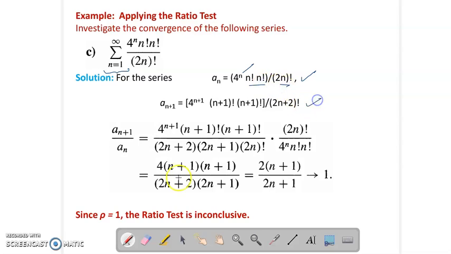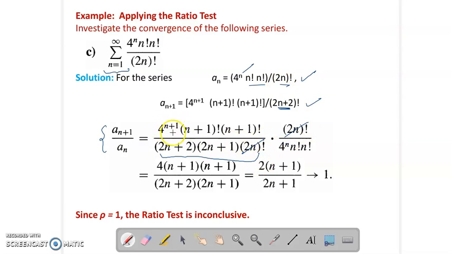So you have a_(n+1). Now look at this ratio a_(n+1) by a_n. When you write this ratio, when you have (2n+2)!, open this (2n+2)! this way, so that (2n)! is there in a_n, and these two terms cancel out.